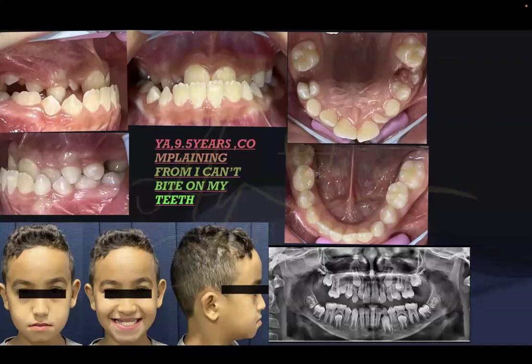It is better to keep a string or a tie over the key in order to avoid swallowing the activation key.